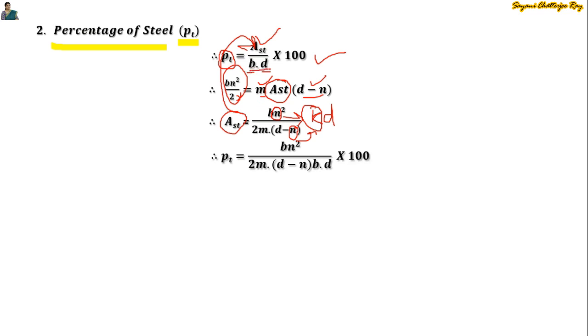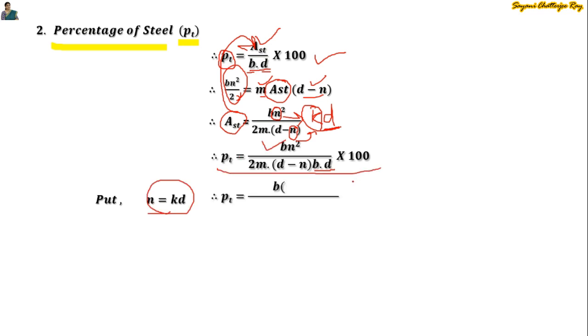BD will remain constant from here. Now, as I have told earlier, I will replace all the values of n by kd. So now this equation will look like PT equals to B into kd the whole square divided by m into D minus k into D. This n equals to k into D, so we have replaced it here, and B and D are constant.